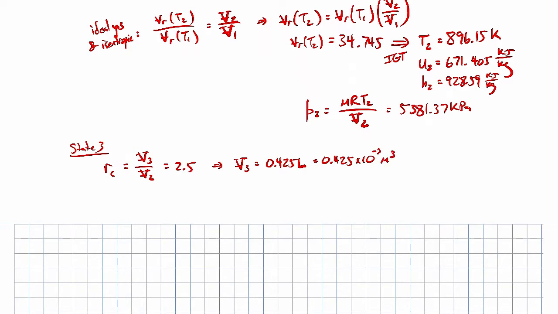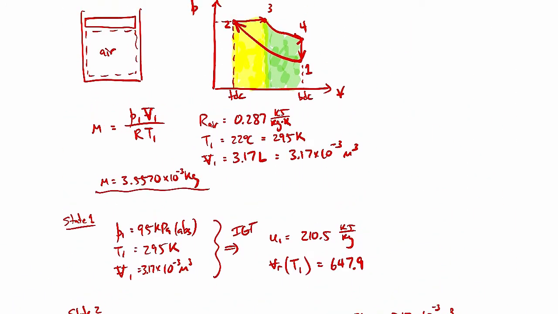And also, since the pressure is constant, P3 equals P2. Remember, from 2 to 3 this is a constant pressure process. Of course, the mass is constant because it's the same amount of air.